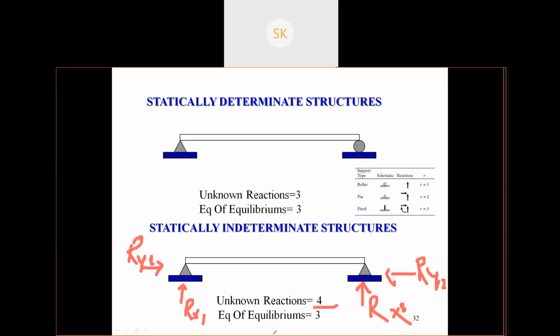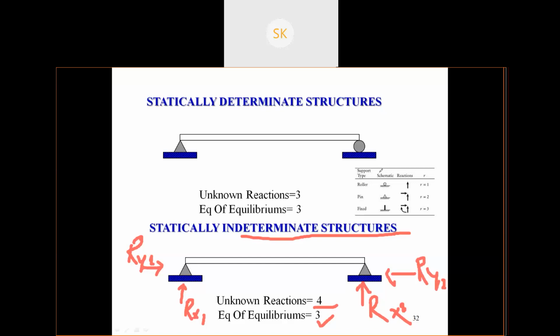And the number of equilibrium equations we have is 3. So we'll need another equation to solve this, to get the reactions for this structure. So this structure will be defined as an indeterminate structure. Okay, understood or not? Am I clear?